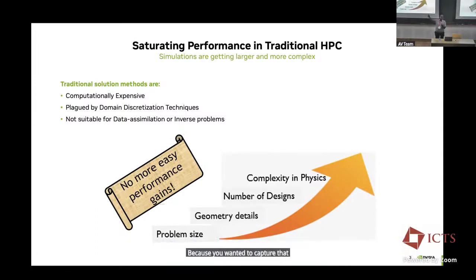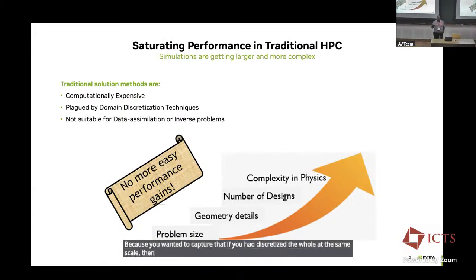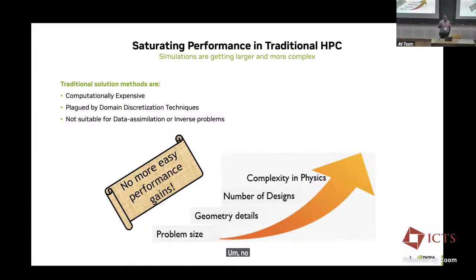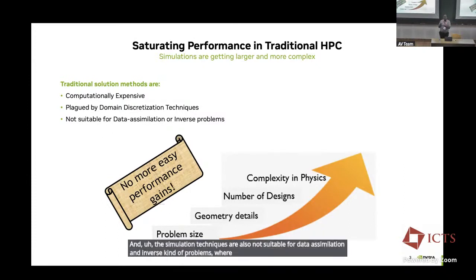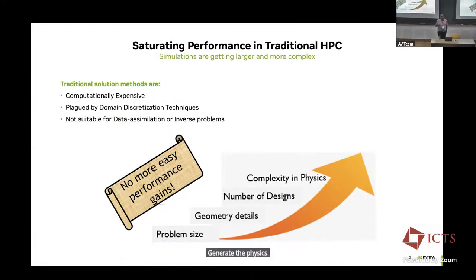If you discretize the whole domain at the same scale, then a lot of computation is spent at places where there are no details or nothing of interest occurring, right? And the simulation techniques are also not suitable for data assimilation and inverse problems, where from the data you want to generate the physics. Those kinds of problems it is not suitable for, okay?